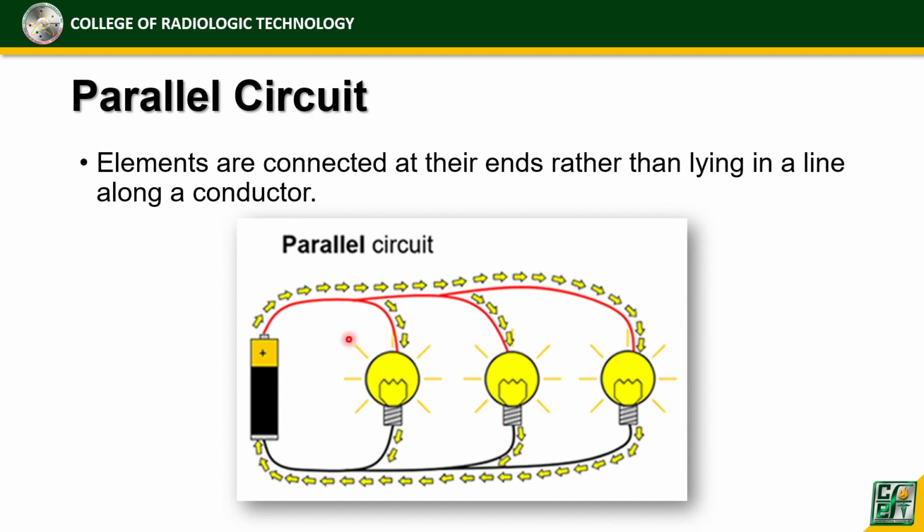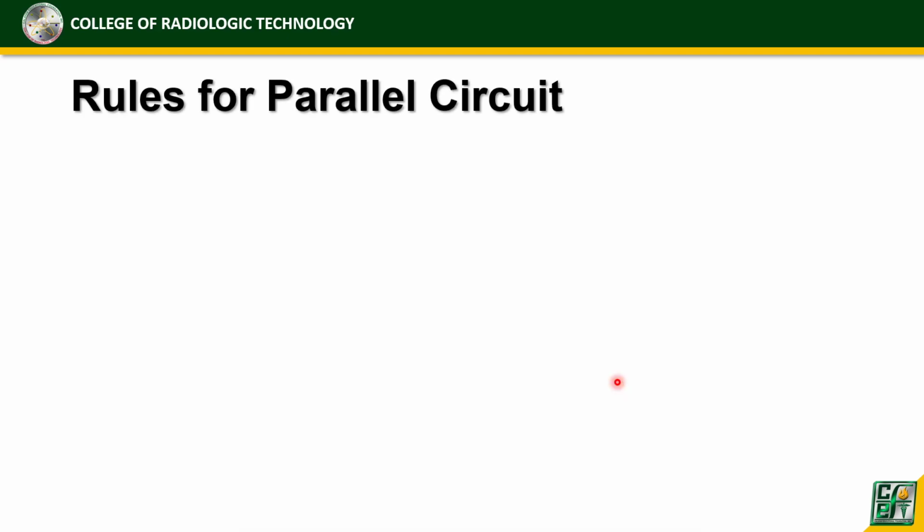So, kung maputol ang isang circuit element, so patuloy pa rin na gagana yung dalawang light bulb. Okay? Kasi dumadaloy pa rin yung electrons or yung electricity sa kanilang circuit elements. So, yan yung parallel. And of course, meron ding rules for parallel circuit according to Ohm's law.